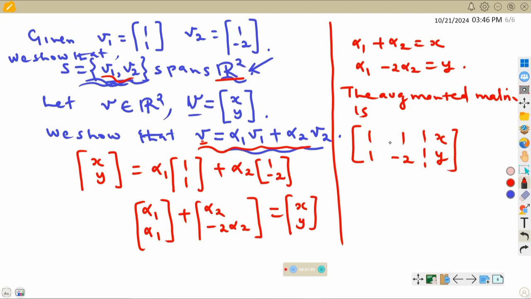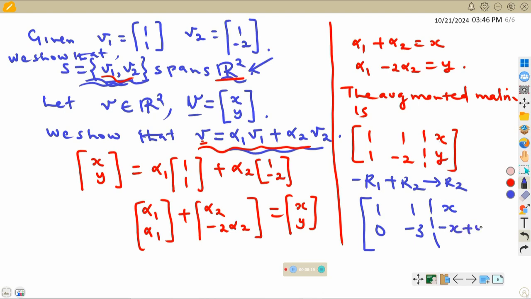So let us try to use row operations and see whether we can get the values of alpha 1 and alpha 2. We can apply negative row 1 plus row 2 to give us row 2. This will be 1, 1, x. This is negative 1 plus 1, which is 0. Negative 1 plus negative 2, this is negative 3. Negative x plus y. We have negative x plus y here.